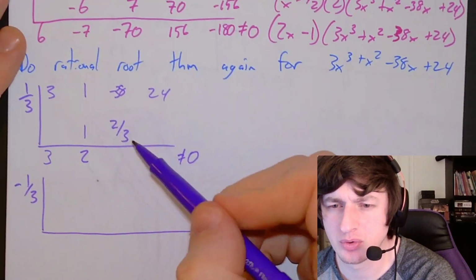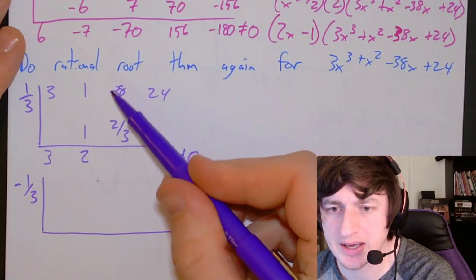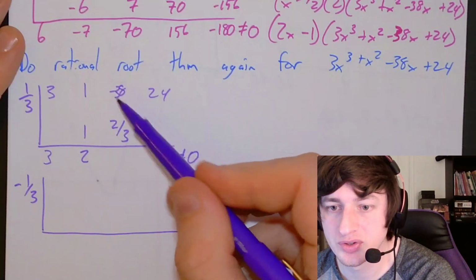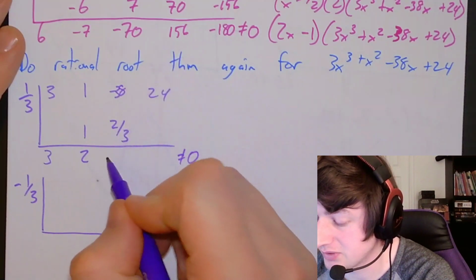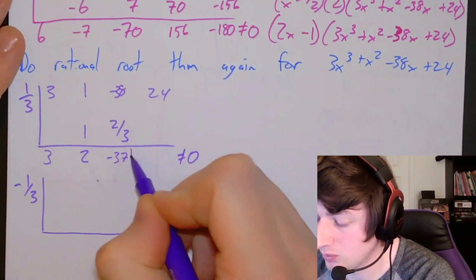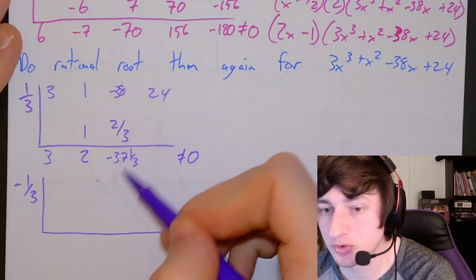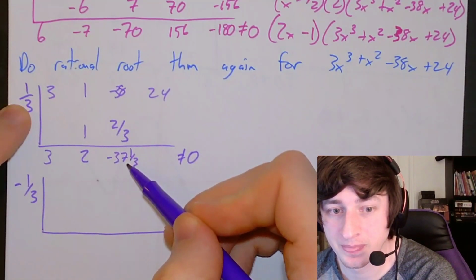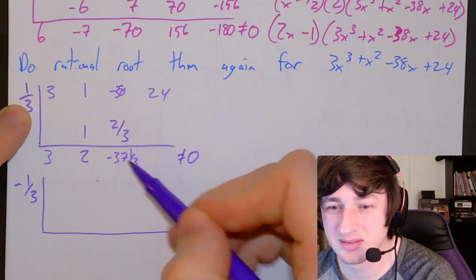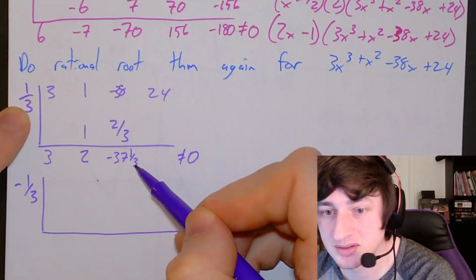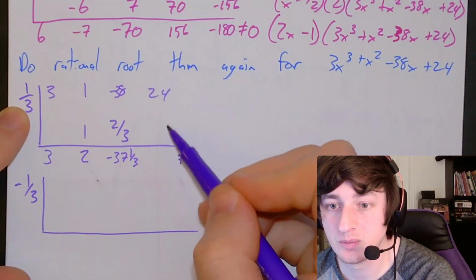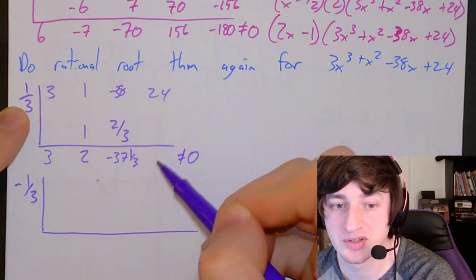So to explain that more, I know this isn't going to work because when I add these, I'm going to get negative 37 and 1/3. And then I have to multiply this by 1/3, which means I'm going to get something with ninths. And when I add it to 24, that's not going to give me 0.